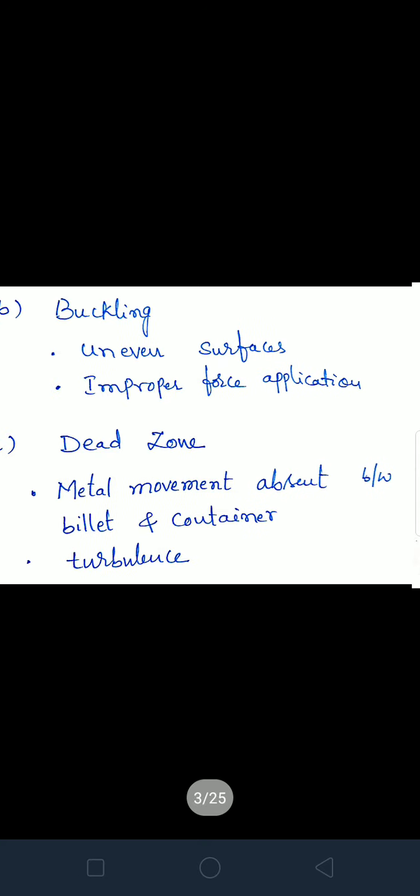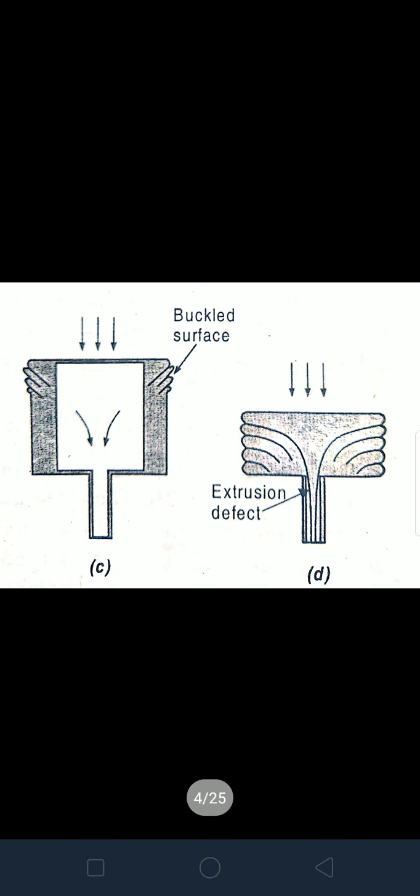And if the extrusion forces are not distributed uniformly throughout the container, then a dead zone occurs at the exit of the die, which is also clearly shown in the figure.